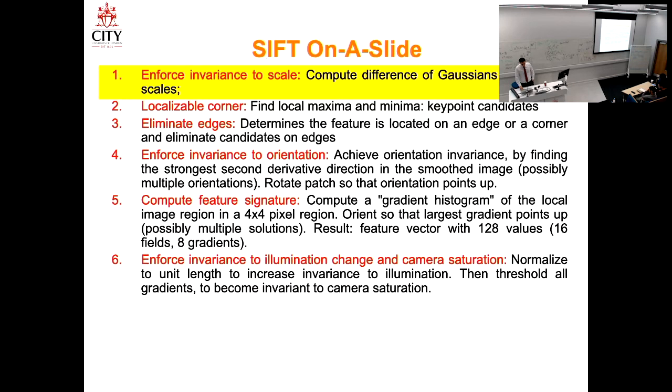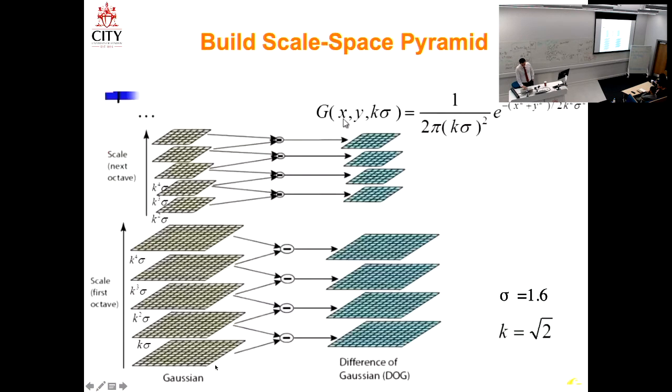Enforce invariance to scale. As I said, I have my image. I create, so this is my image, and this is the blurred version. This is more blurred, more blurred, more blurred. And as you remember from DoG, difference of Gaussian, if I get this one and take another one which is more blurred, deduct them, I have an edge map, right?